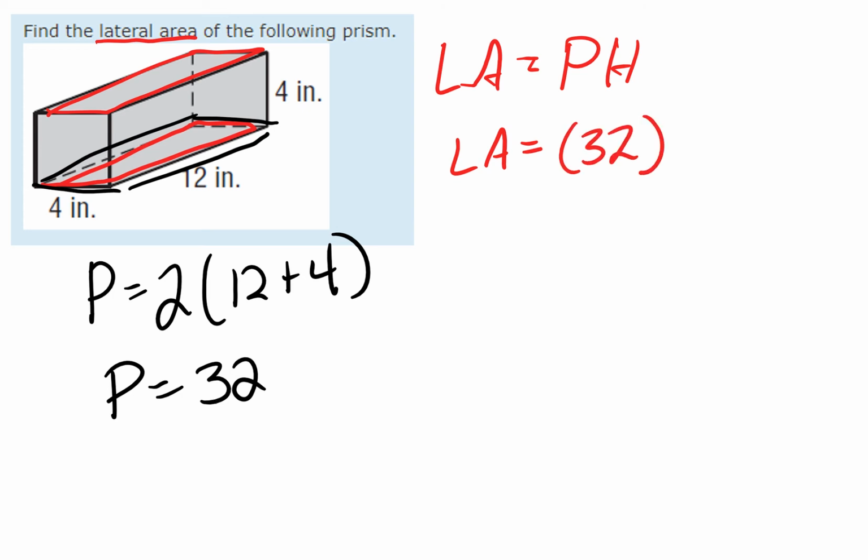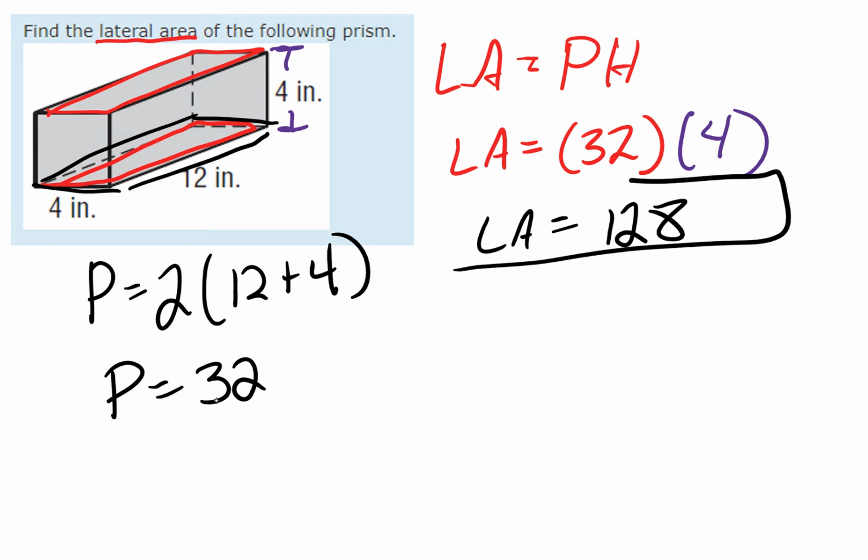Now my height of this, the distance from base to base, bases are the top and the bottom, so my height is the height as it appears on the object, which is 4. It's a normal standing object. So my lateral area on this would be 128. Oops, I put my little 2 in there a little too soon. And it would be square inches.